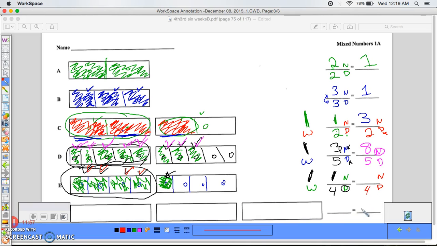So I need 4 pieces to make one whole group. Your numerator, you just count all the shaded pieces. 1, 2, 3, 4, 5. There it is, 5/4. And you see how the picture does not change, it stays the same? That's why these are equivalent. So 5/4 is your improper fraction, and 1 and 1/4 is your mixed number.